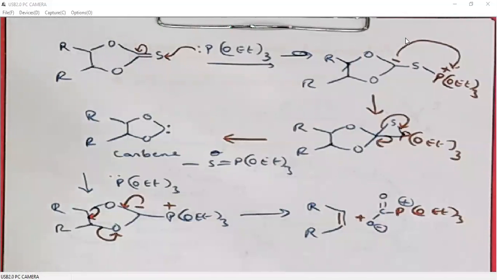This is how we will generate an alkene from a diol using the desulfurization method, or Corey-Winter olefination.